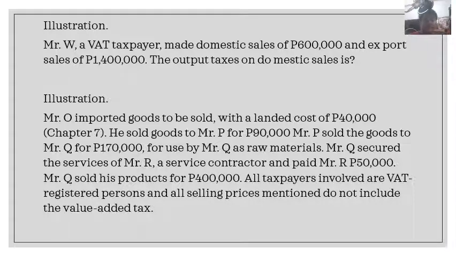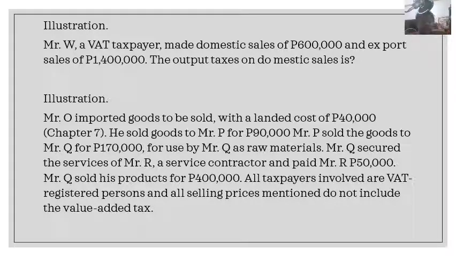Mr. O imported goods to be sold with a landed cost of 40,000. He sold to Mr. P for 90,000. So dito muna tayo yung pagbenta ni Mr. O kay Mr. P. So magkano yung i-remit na VAT ni Mr. O?